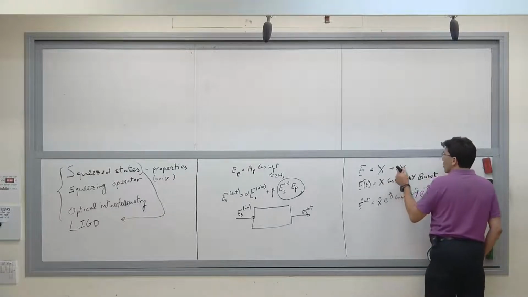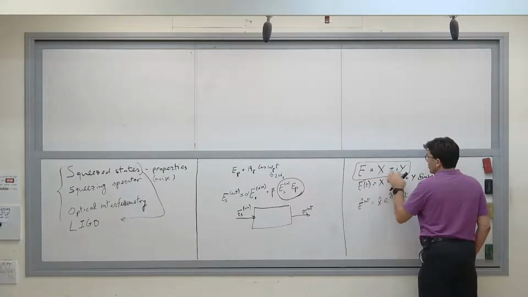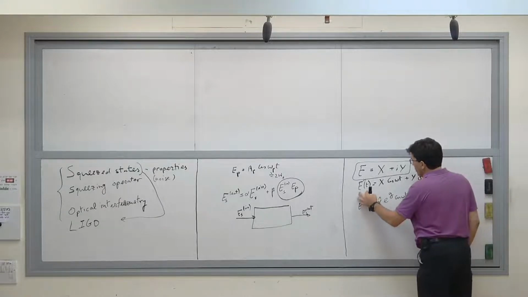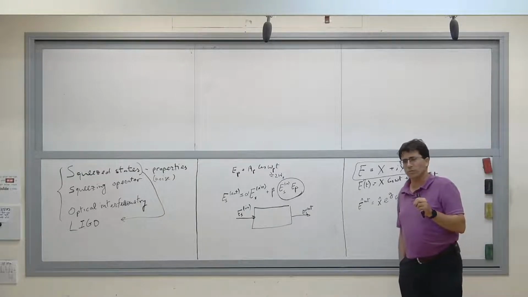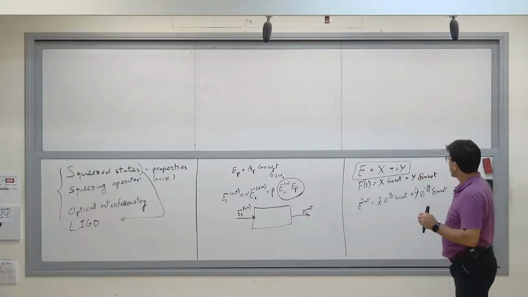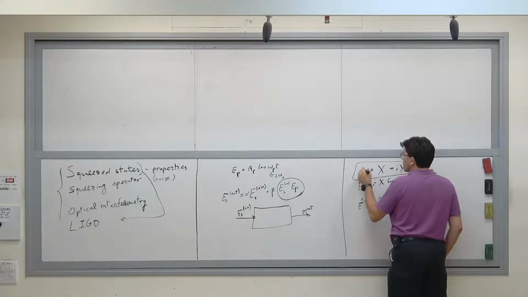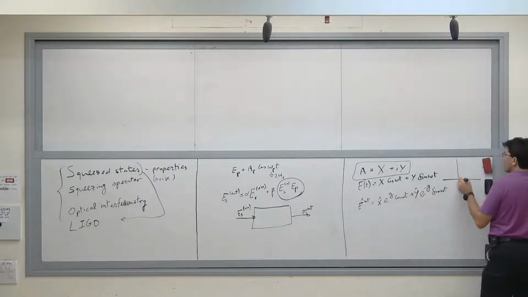Here we're talking about the slowly varying amplitude of the field, which is constant, and here we're talking about the real field in time, which is oscillatory at the optical frequency. So please don't be confused between the two. Let's call this the complex amplitude, and remind ourselves this is what we mean.